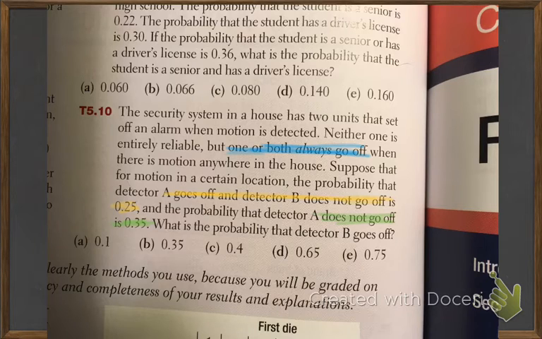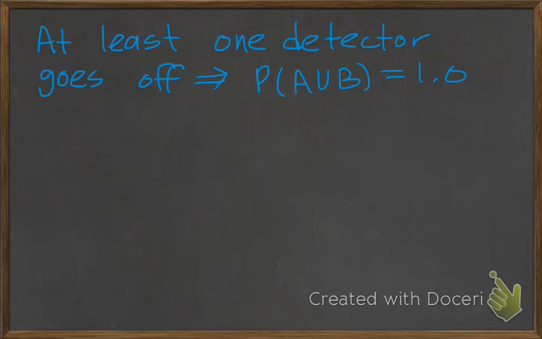Now we know, and this is very important, from what I highlighted in blue, that the union of both events is 100%, so that's really the whole universe of things that can happen. So that tells us that at least one detector goes off. That's the probability of A union B, 100%.